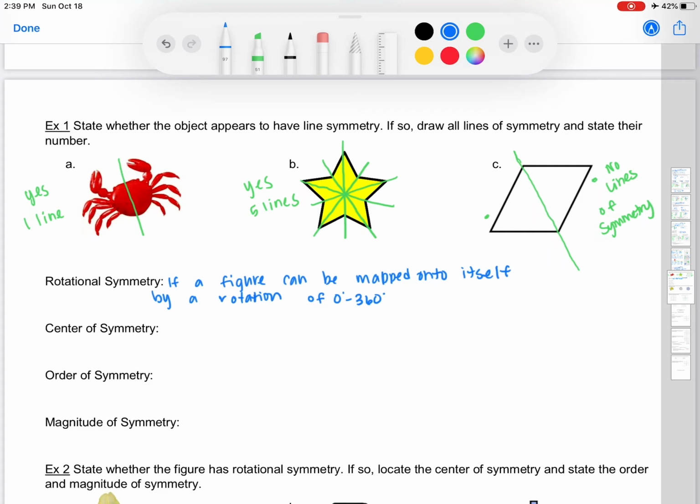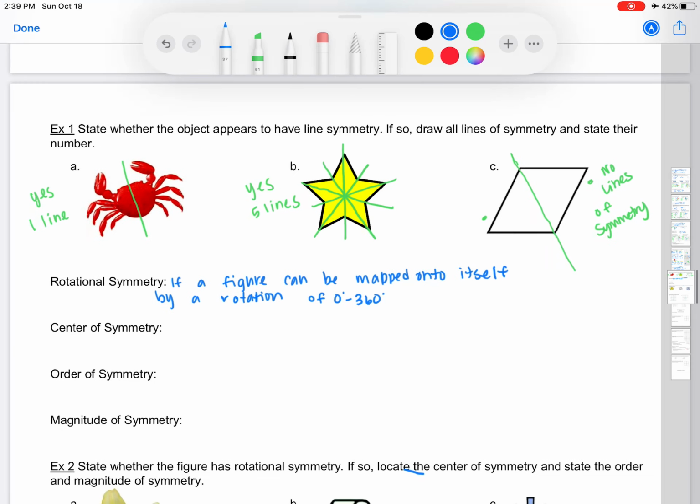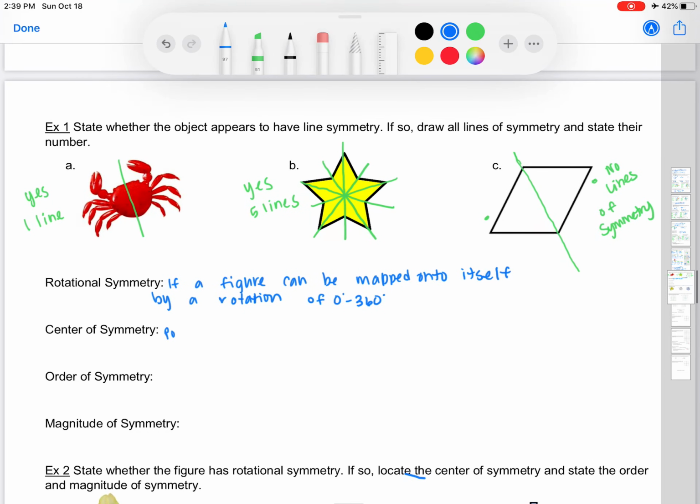So it has to map onto itself somewhere between its start and its finish. With rotational symmetry, we have the center of symmetry, which is the point which the symmetric figure rotates around.